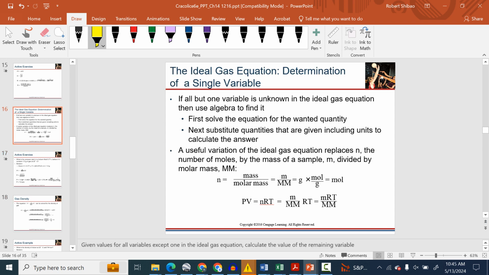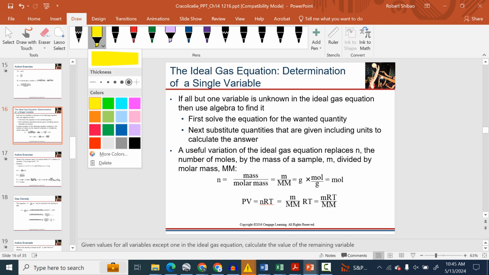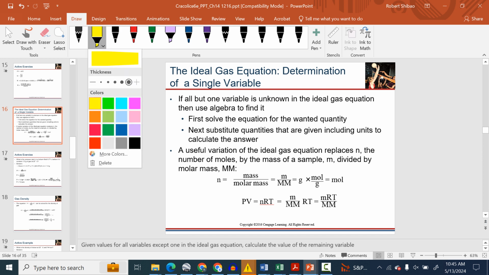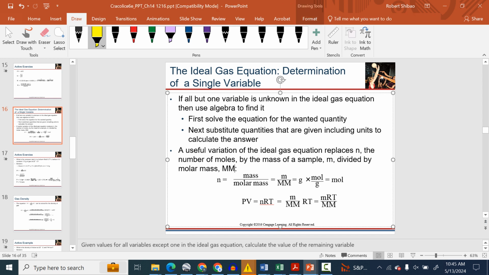But there are other, more complex applications. One of these is called the molar mass calculation here. We can calculate the molar mass.